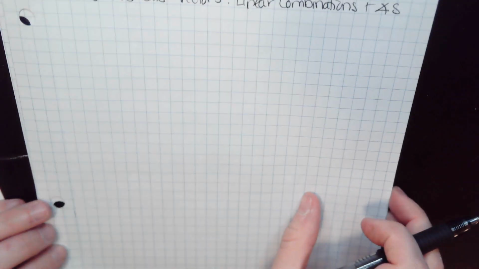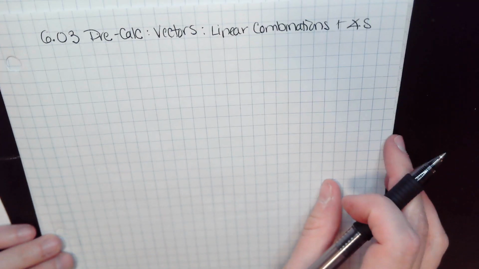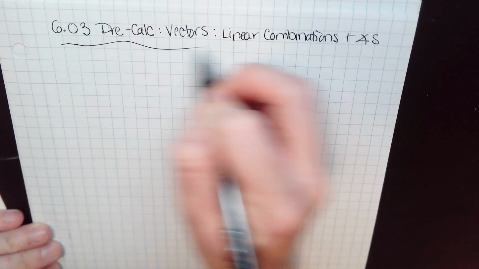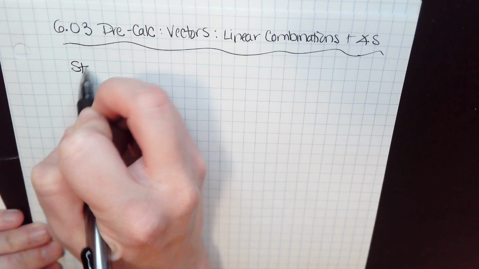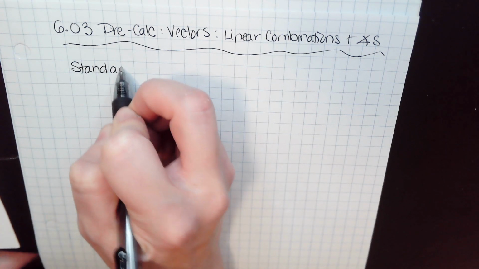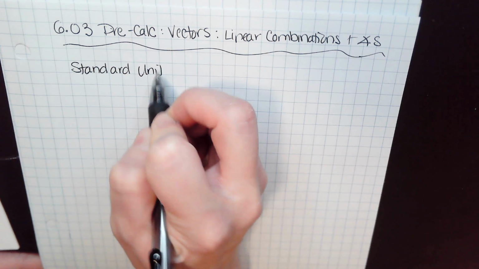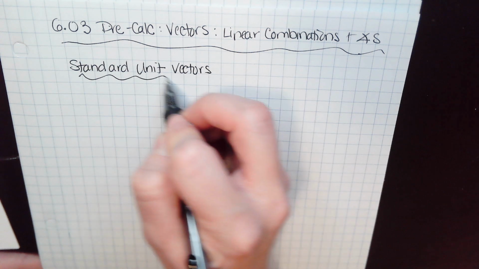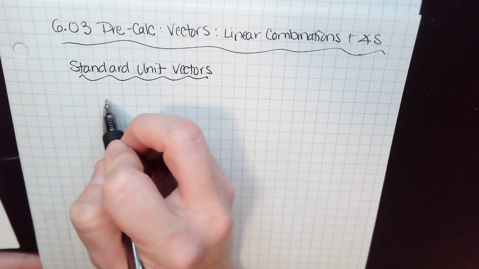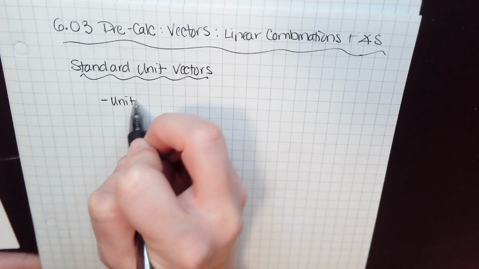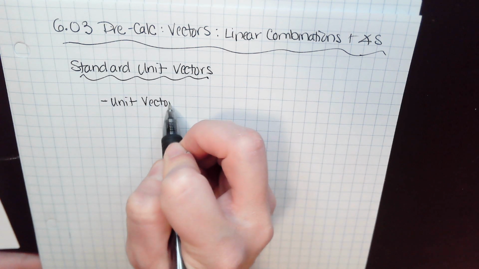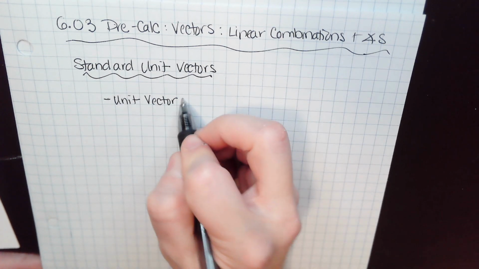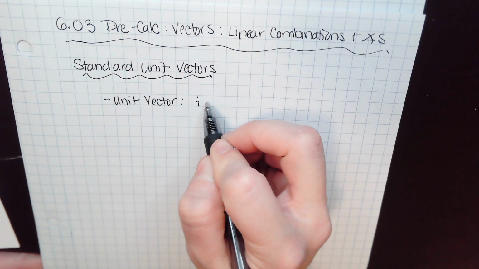All right, so standard unit vectors. A unit vector we talked about before is just a vector that has a magnitude of 1, or a length of 1. So we're going to name these two vectors.